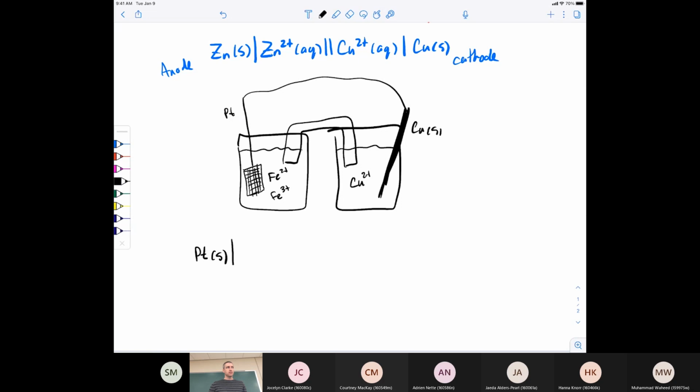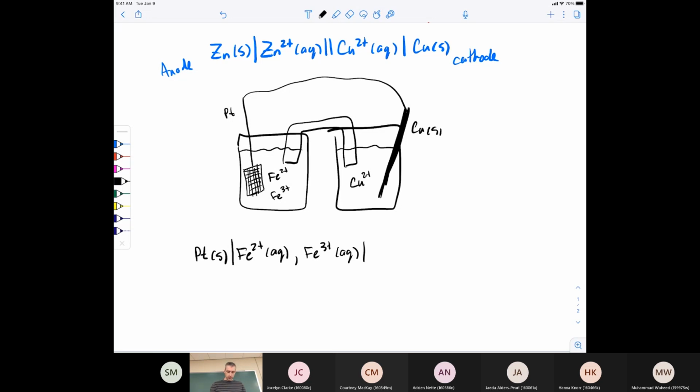They're in the same phase, so we don't use vertical lines to separate them. We use a comma, and we put the one that is most reduced closest to the electrode. The most reduced is Fe2+. So we would write Fe2+ (aq), comma, Fe3+ (aq).